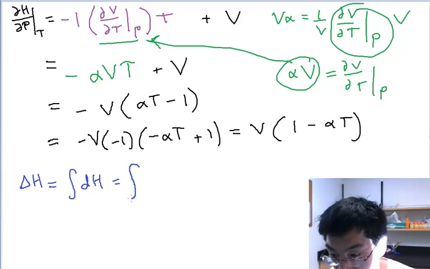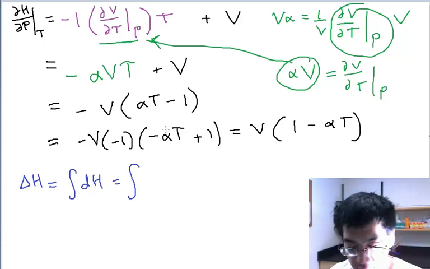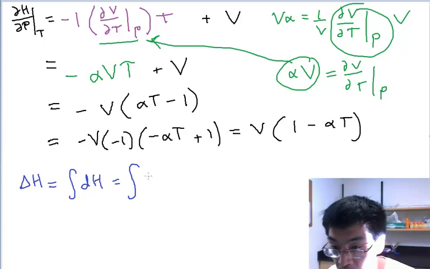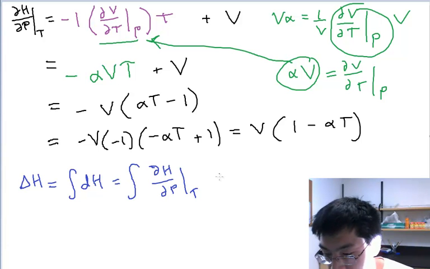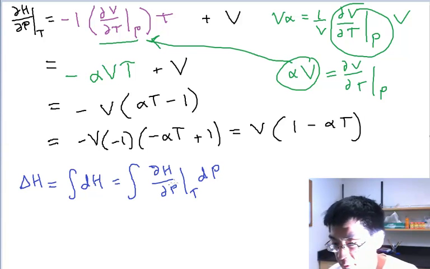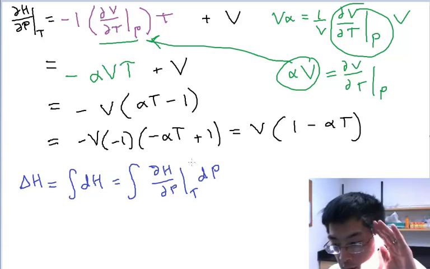When we use the total differential for H, using the variables P and T, we got just one term, and that was dH/dP at constant T, times dP. So this was just half of the total differential for H, because the dT portion went to 0.